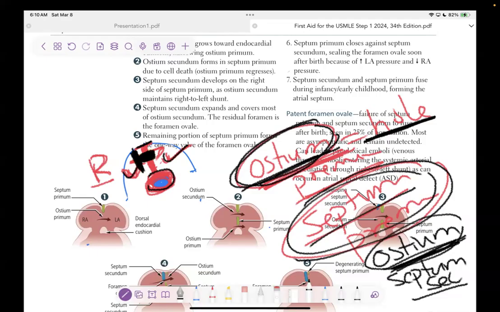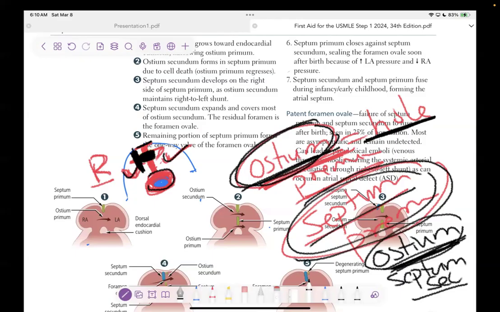So this septum secundum comes from the right side of the ostium secundum. Why is it made? Because whenever the baby is delivered, this septum secundum does not let the connection between the left atrium and right atrium. Why?